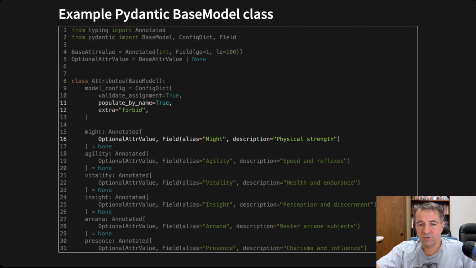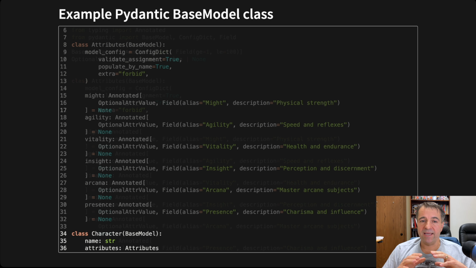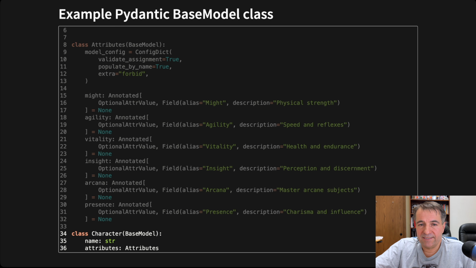You'll see that in action right now. And then also extra forbid means we're not allowing any additional values. Down there would be what the Character base model would look like. So the name would be a basic string, and then attributes would be the attribute base model that we're incorporating.